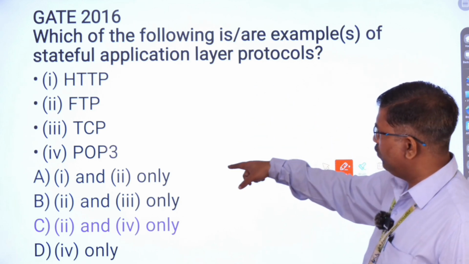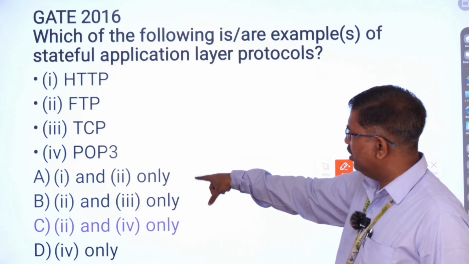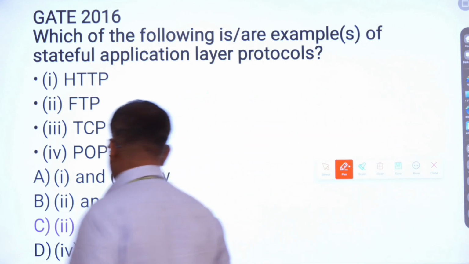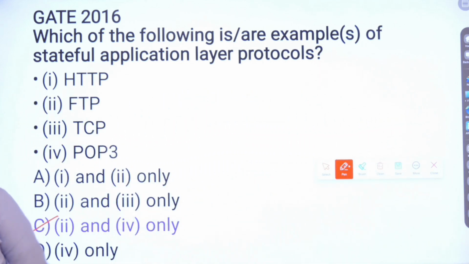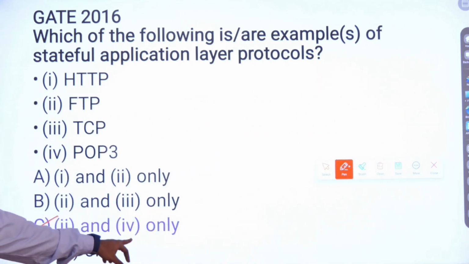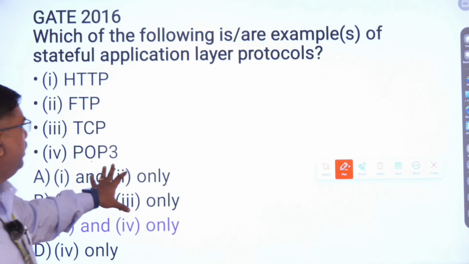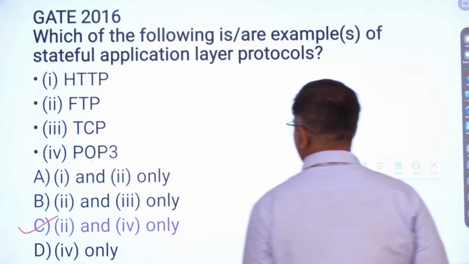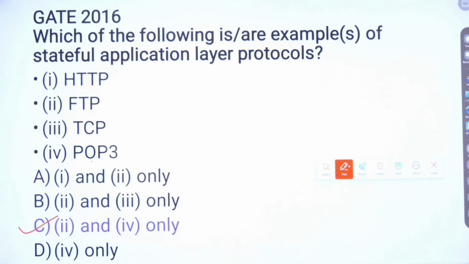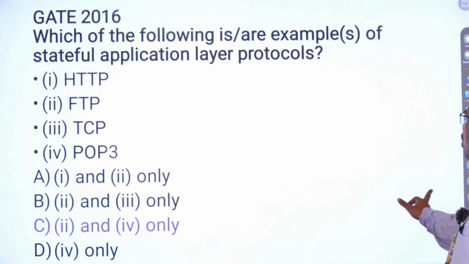So when approaching this question, you can clearly say that option C is the correct one, because 2 and 4 only, that is FTP and POP3, are the stateful application layer protocols. So option C will be the correct answer. Next, we move on to the next question.